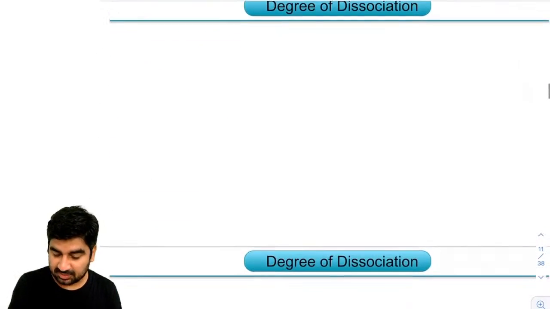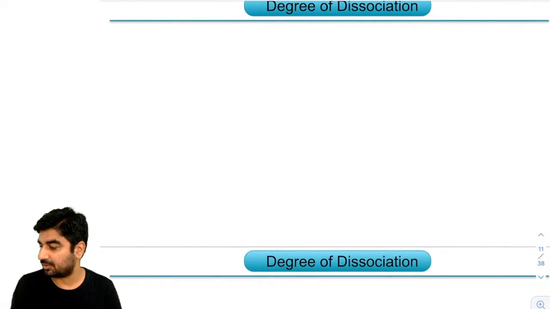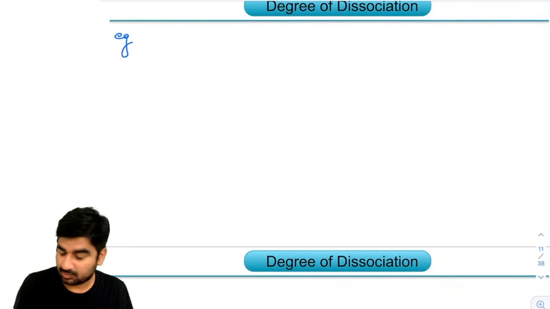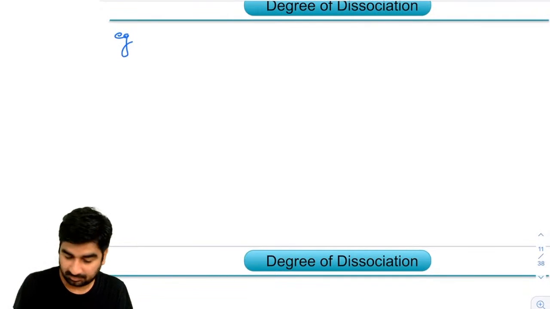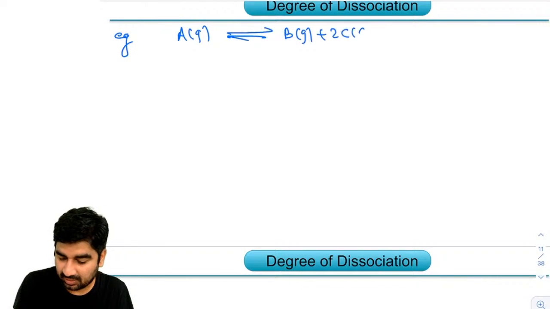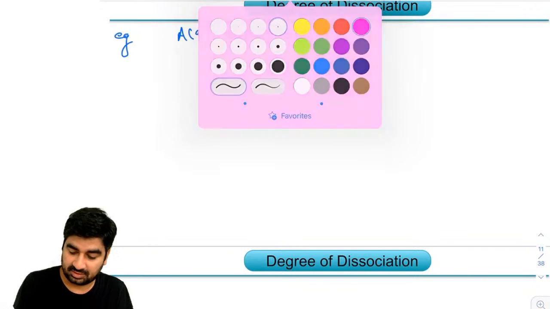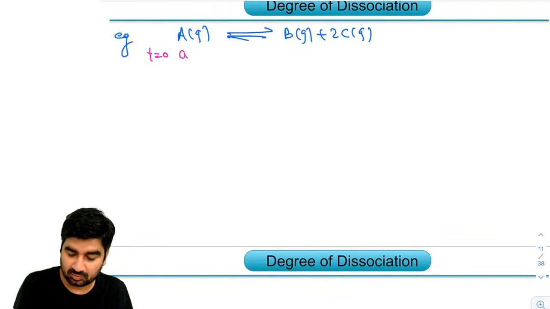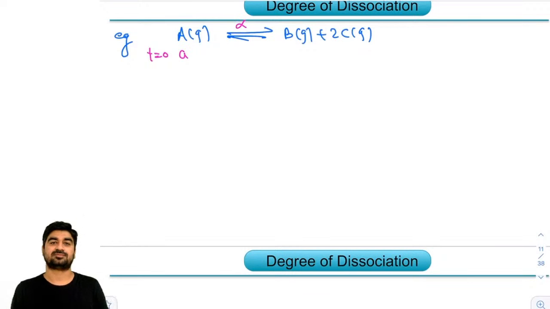So write down some expressions for it. Now I'm giving you: suppose I am writing A gas giving B gas and 2C gas, and at t equal to 0 you have a moles of it and the degree of dissociation is alpha.